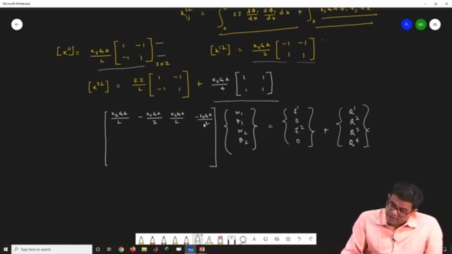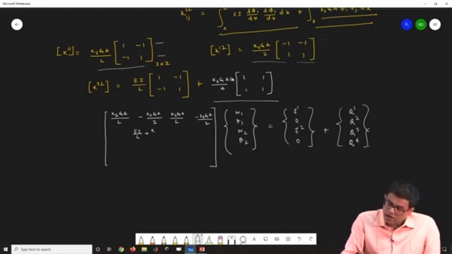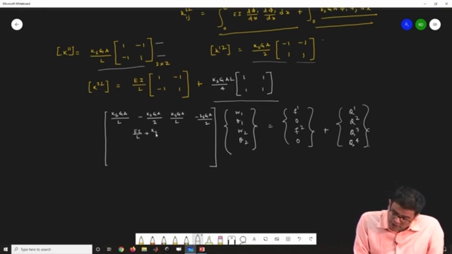Now again the second thing is theta 1 variable, so this term will come. So again Ei by L will come, and then this term will come. So that is Ks Ga, and here there will be L in the integration. So Ks Ga L by 4.